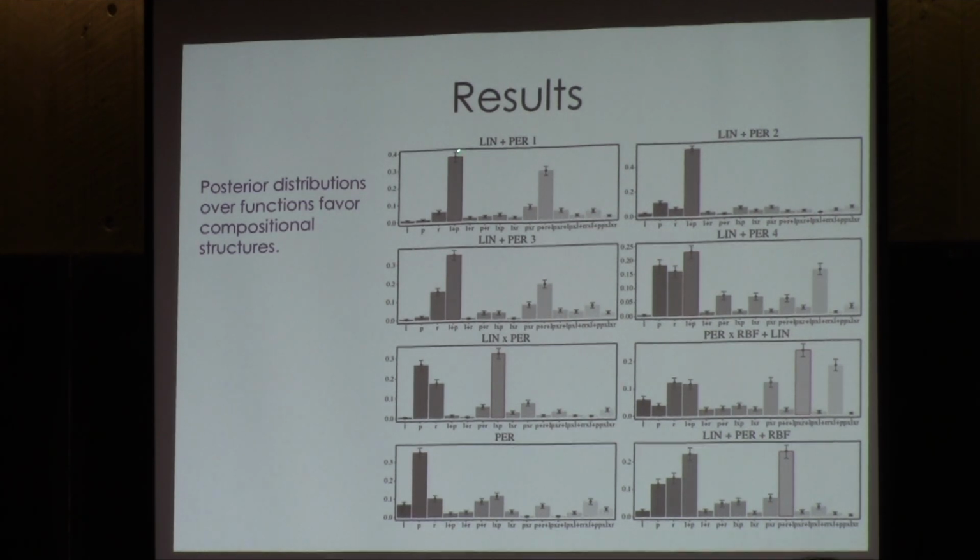The red bars here, which might be hard to see in the back, mark the actual true generating function in this histogram. What you can see is that in every case, the true generating function is also the most preferred function. But you can also see that there are a bunch of other functions that had a fair amount of probability mass in addition to the true generating function.